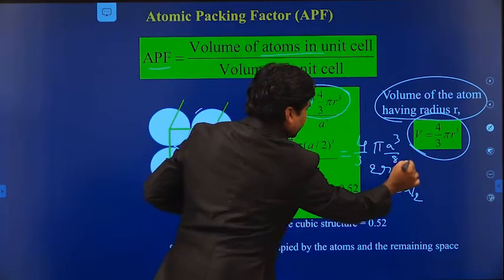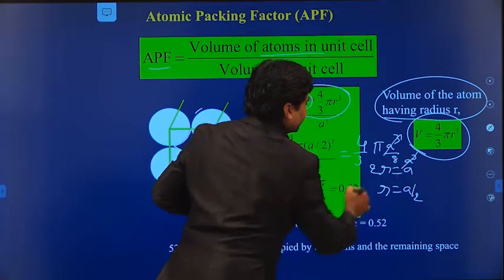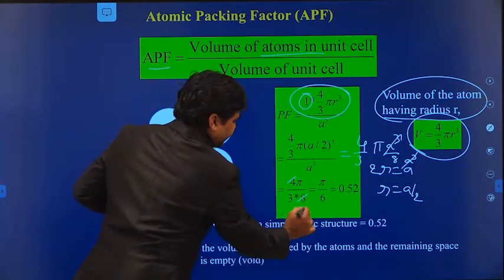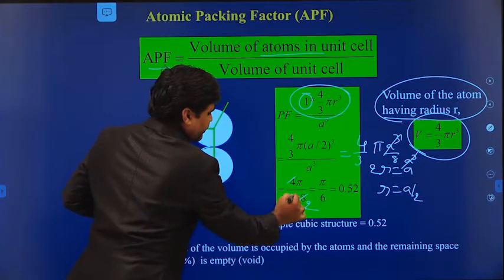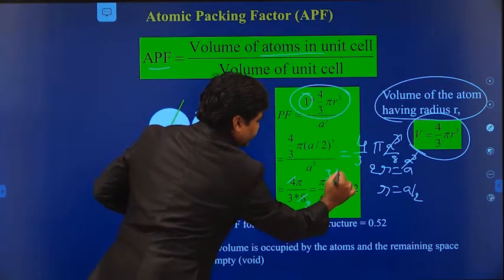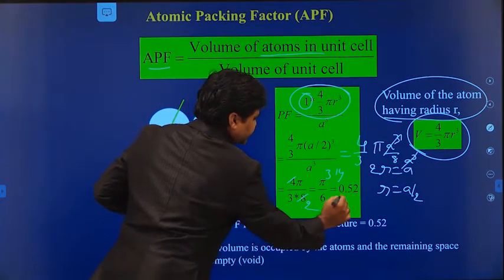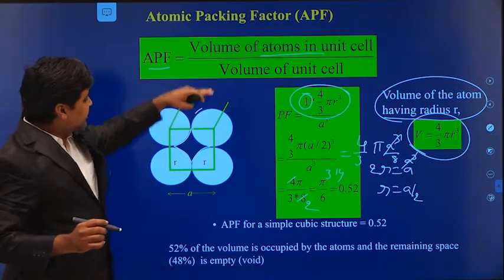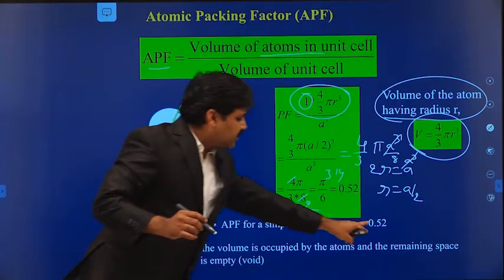On the bottom we have a cube, so this a cube gets cancelled. 4 and 8 get cancelled, so pi, which is 3.14, divided by 6 is equal to 0.52. That means the volume of the atoms occupied within the unit cell is equal to 0.52.